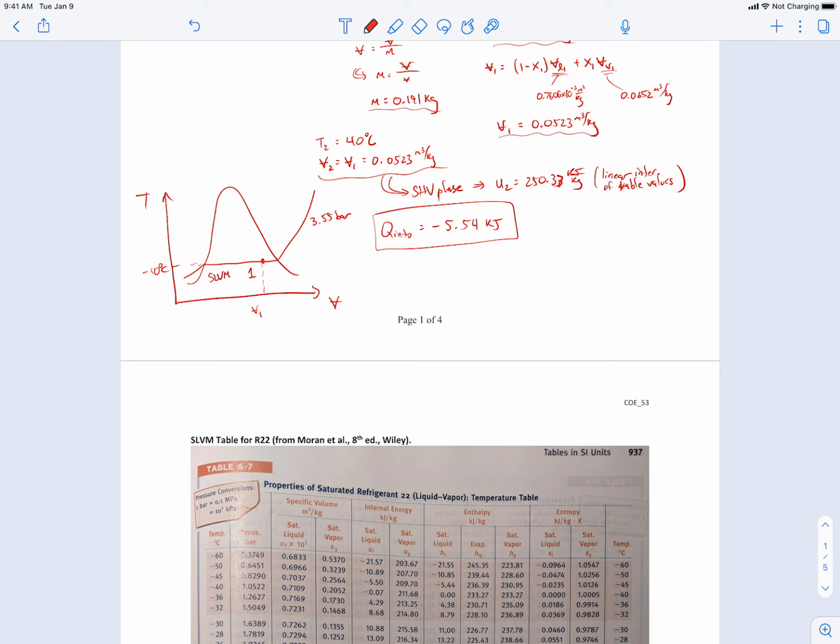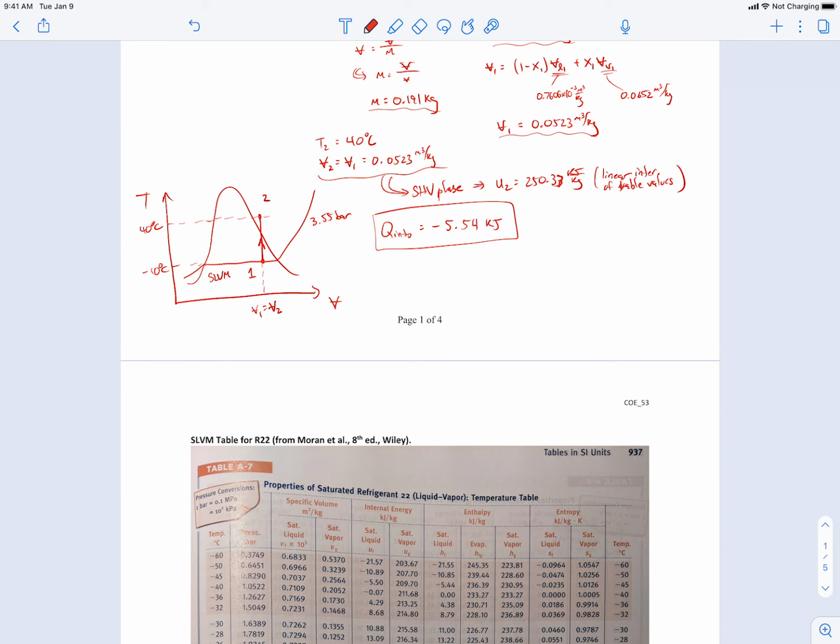And then state 2 is at a temperature of 40 degrees C, and I'm in a superheated vapor phase for that one. And remember, the specific volume remains constant. So state 2 is right there. I just went vertically upward, because specific volume at state 2 is the same as the specific volume at state 1.